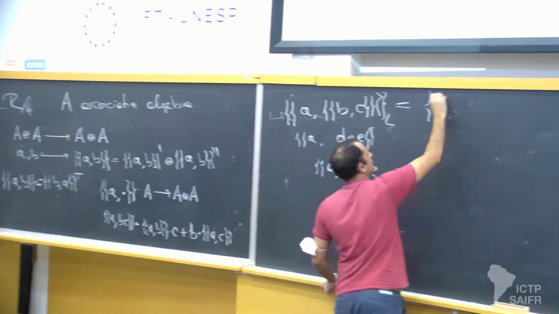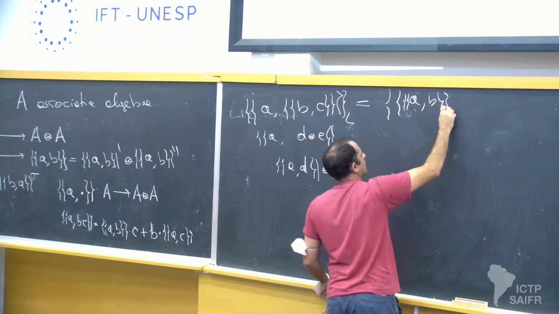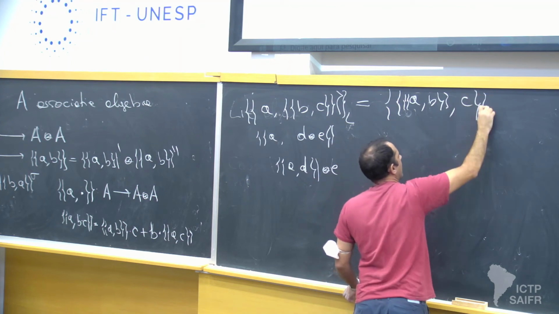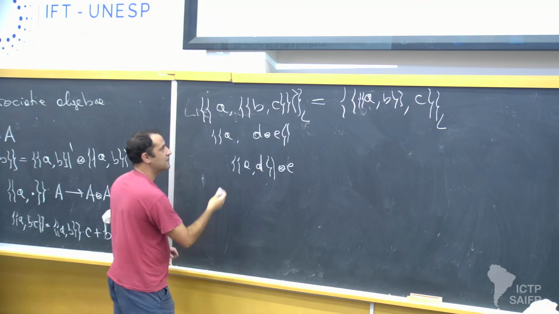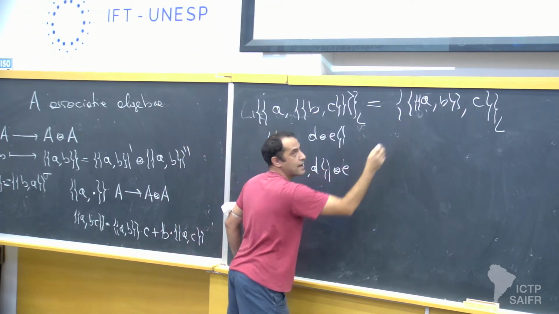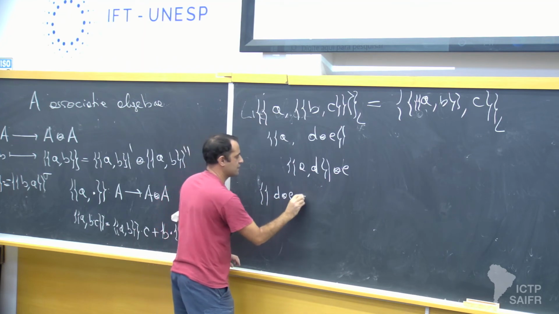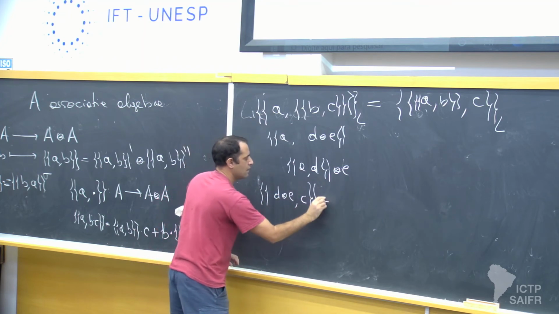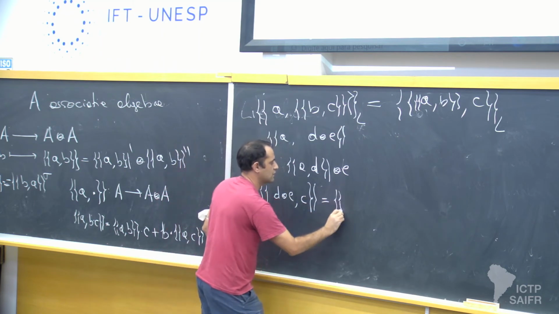So this should be the bracket of A with the bracket of B and C. And now again, I need to tell you what this guy is. I'm going to put an L there. But this is different now. That's the bracket of something that, let's say that the bracket of A with B is something of the form D tensor E. And now I'm taking the bracket with C. And I'm saying that C is taking the bracket with D because it's on the left.